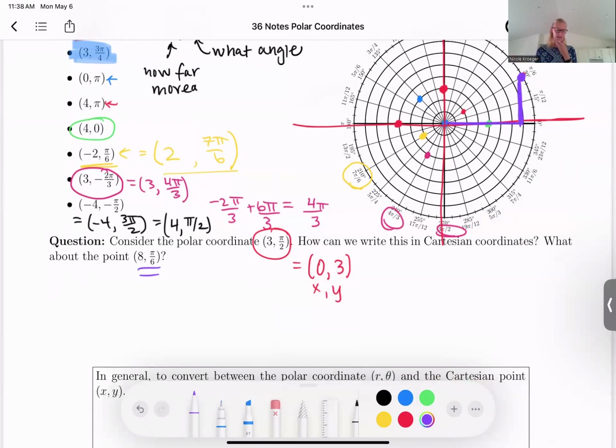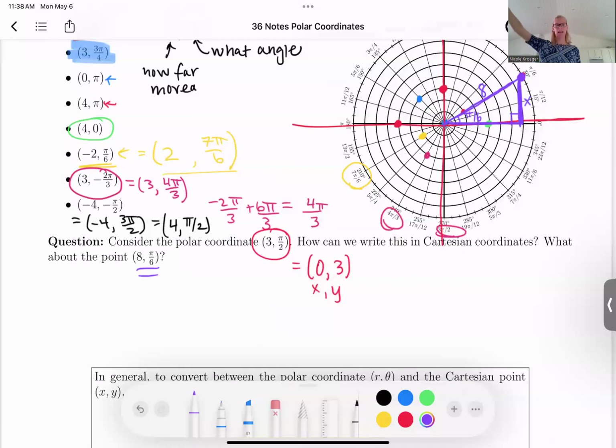The way that we can do that is we can draw a triangle here. We've got a nice little triangle. The base angle here is pi over 6, and 8 is the hypotenuse. Let's label this correctly: this will be y, this will be x. If I think about my trig functions, cosine of my angle will be equal to adjacent over hypotenuse.